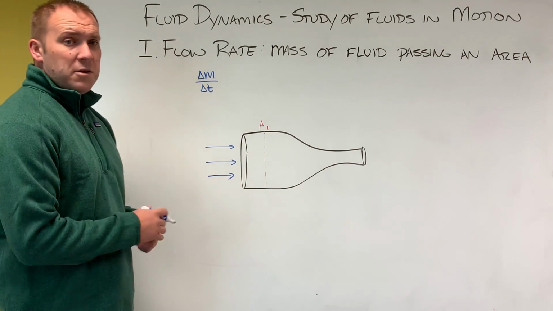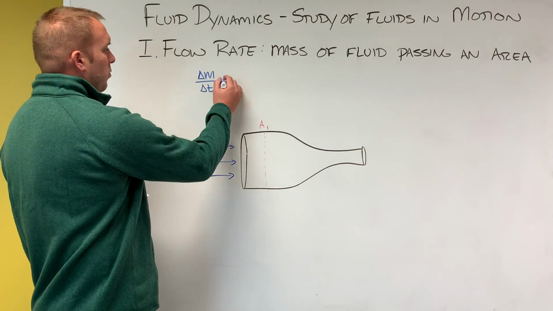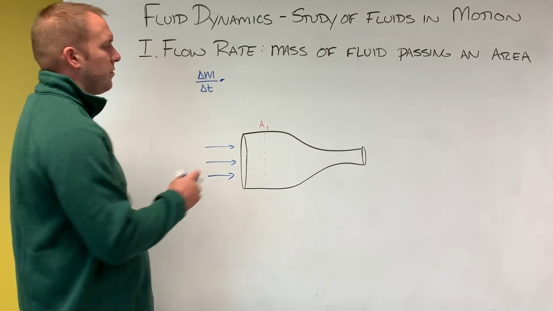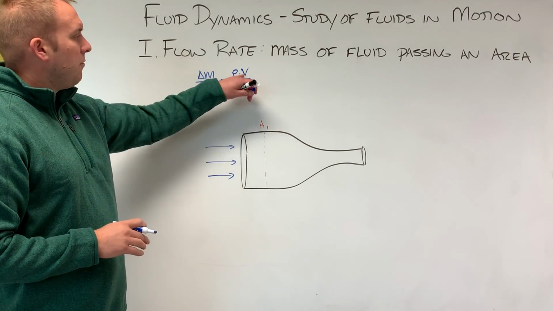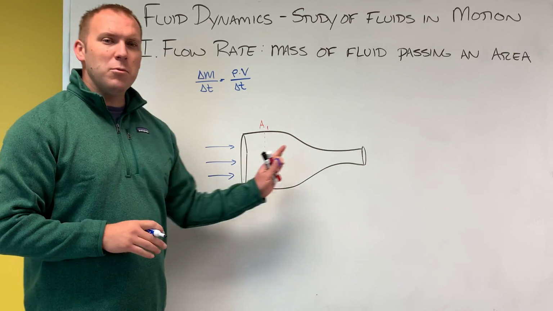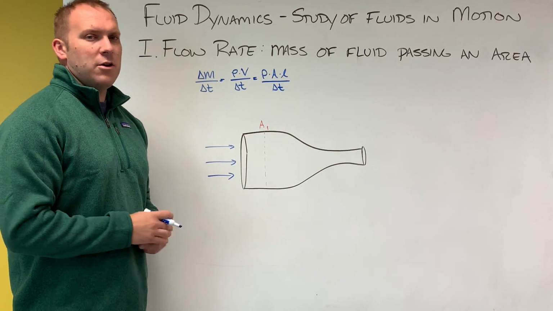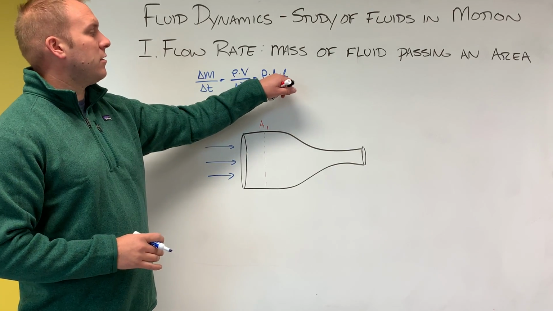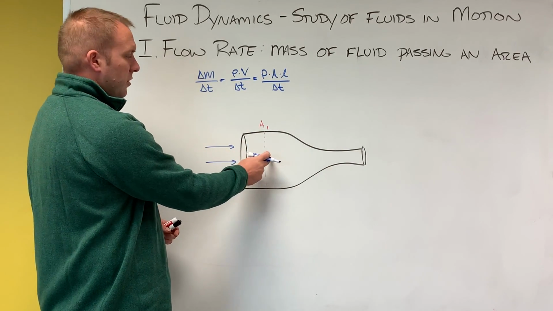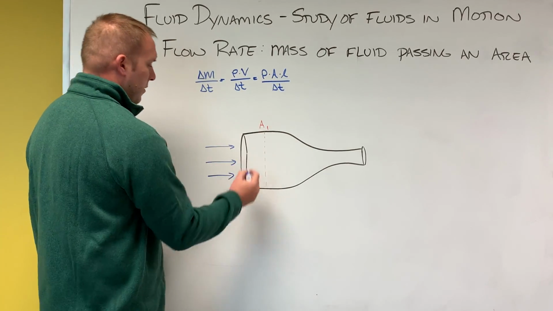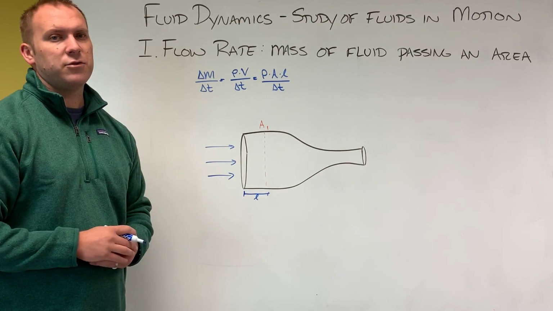Within fluids, mass can be very challenging to determine, so we can calculate mass as the density times the volume. And volume, when things are moving, can also be very challenging to calculate. We can calculate volume in terms of the area times the length, from starting at this location to when it hits area 1, which is some set length that it has traveled.